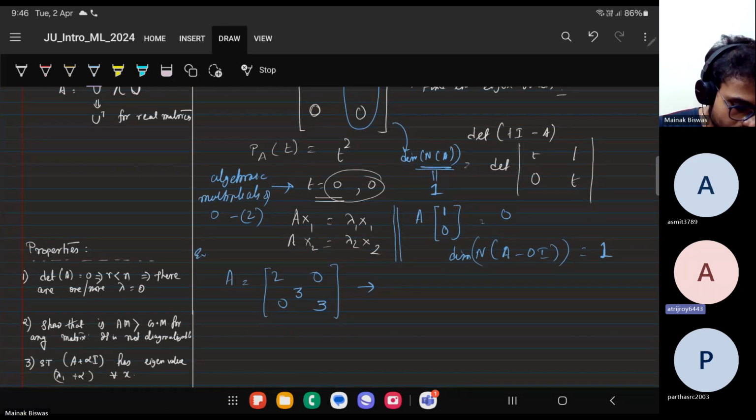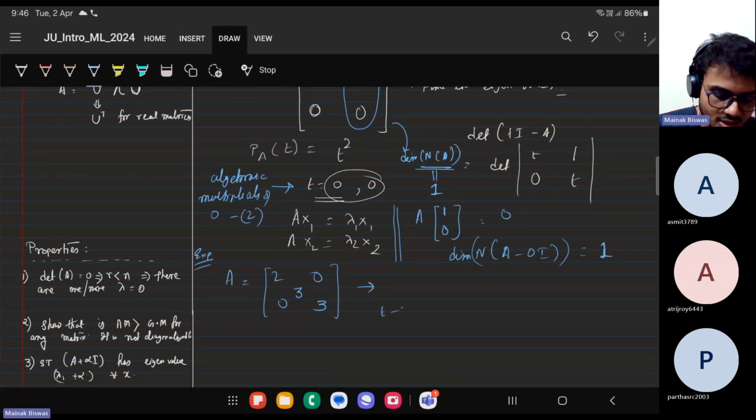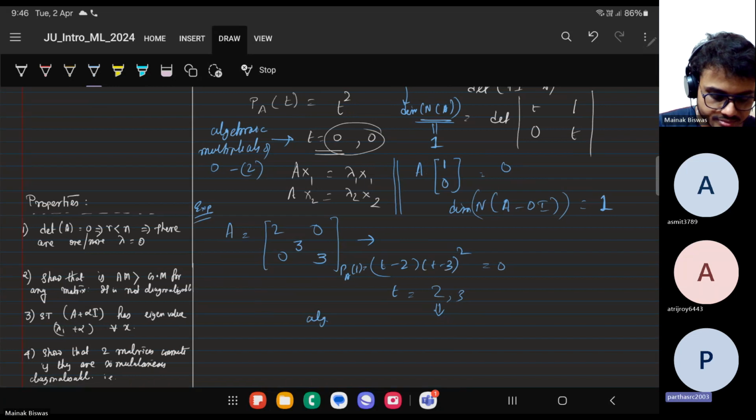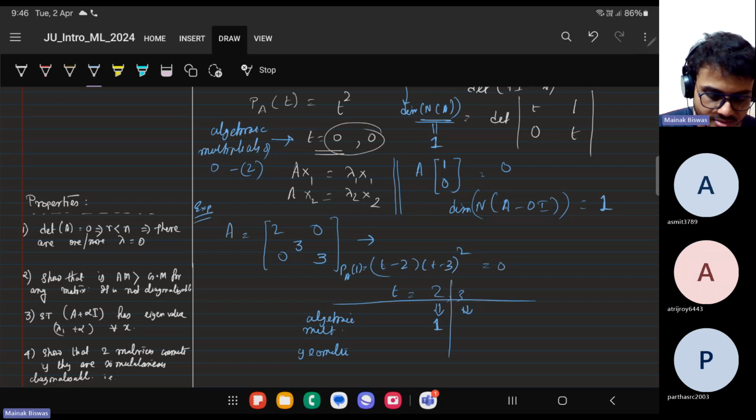So you will have (t minus 2)(t minus 3) squared. Yes or no? So t is 2 and 3. What is the algebraic multiplicity of 2? It is 1. Geometric multiplicity we'll see. And what is the algebraic multiplicity of 3? It is 2.